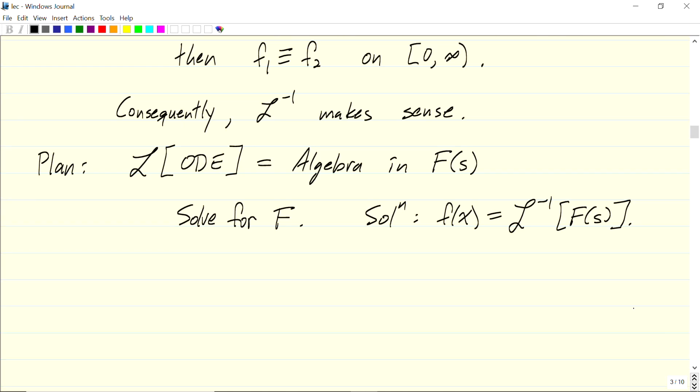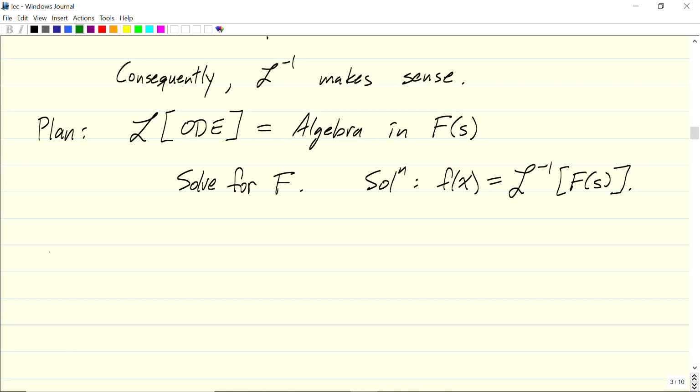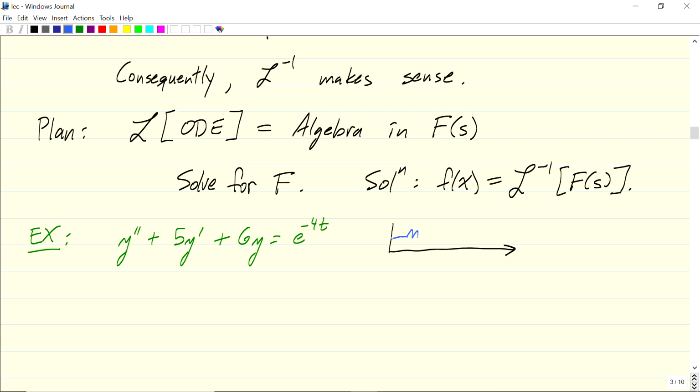A simple example. It's so simple you'll think maybe this is dumb. Let's take y double prime plus 5y prime plus 6y equal e to the minus 4t. This would be a typical kind of problem, a spring mass problem.